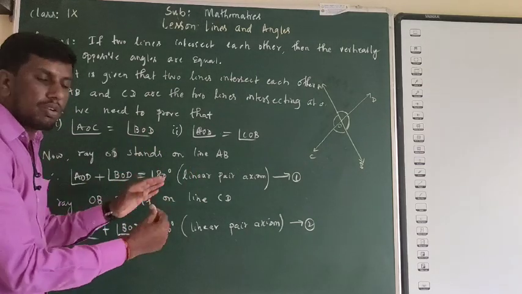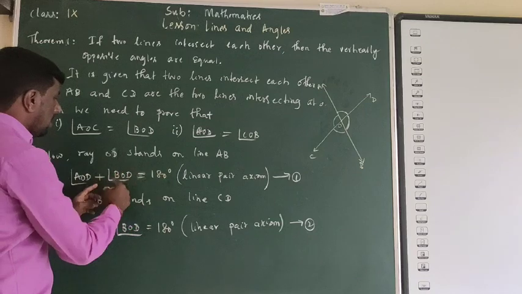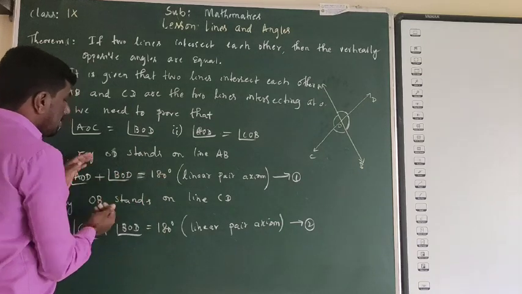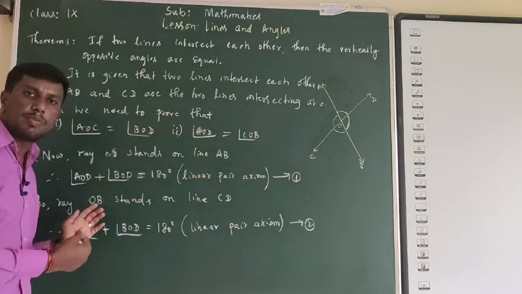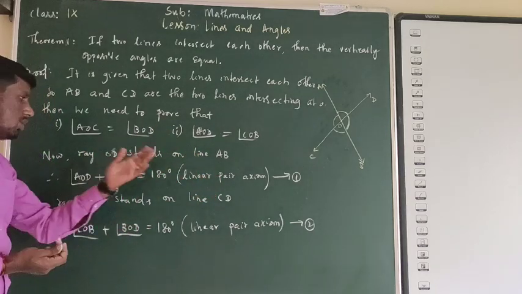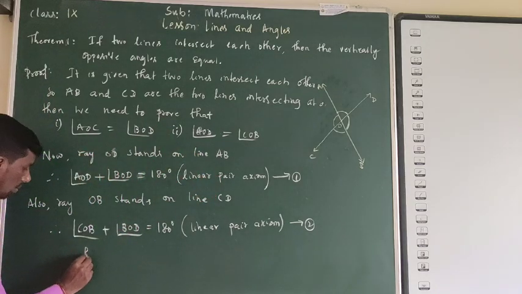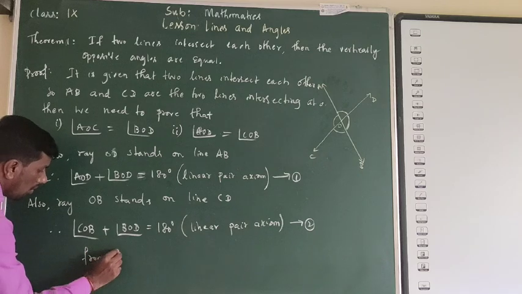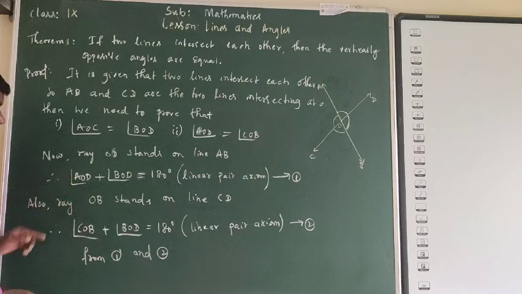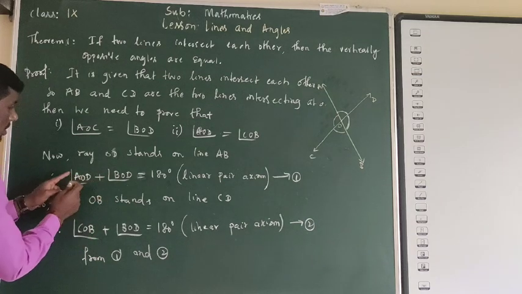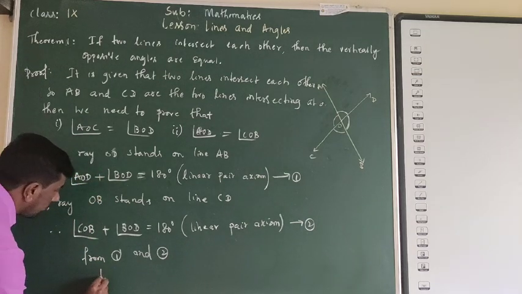That means the RHS are equal. That means the LHS must be equal. That is the rule, right? If the RHS are equal, then the LHS must be equal. So from equation 1 and 2, we can say that the LHS must be equal. What is the LHS of equation 1?